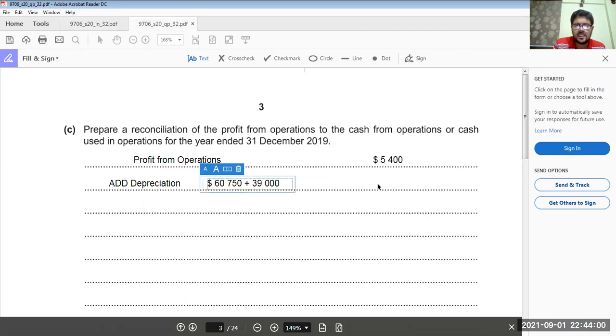And the total depreciation would be 99,750. Depreciation is a non-fund expense, so we are going to add it. Likewise, we have to deduct. Now here we have to deduct the gain on disposal. How does the gain on disposal come?